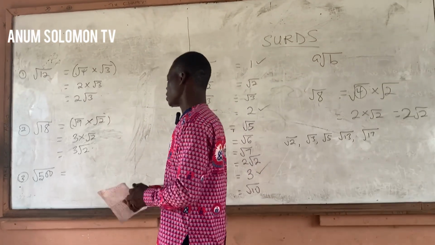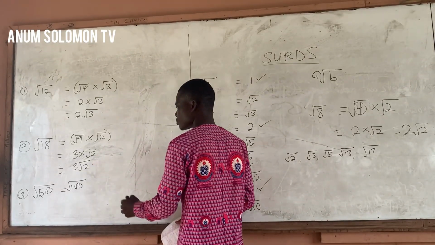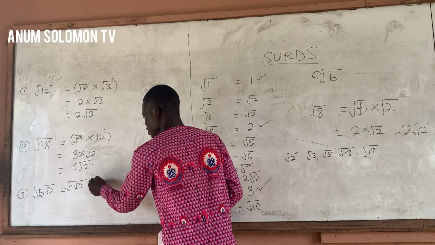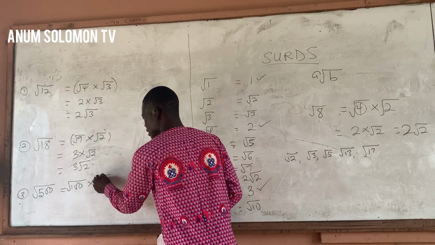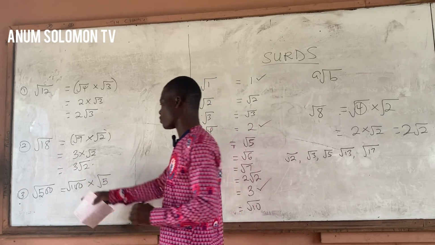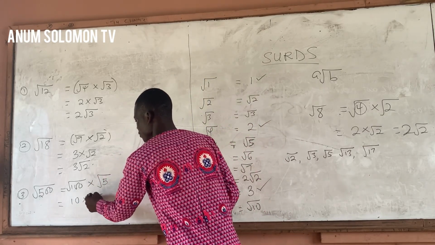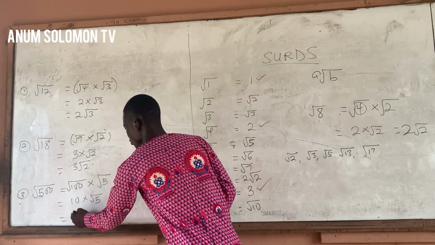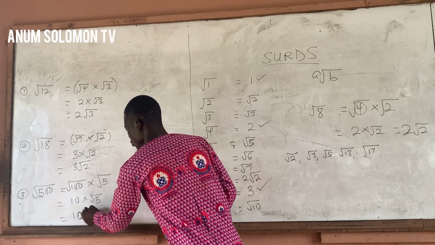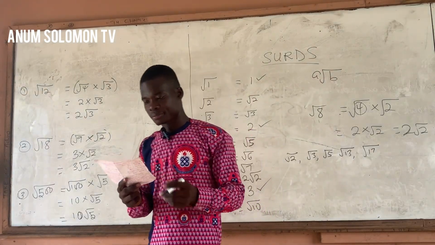You know that 100 is a perfect factor. So 100 times which number will give you 500? It's 100 times 5. So square root of 100 is 10 times root 5. The final answer will be 10 root 5.